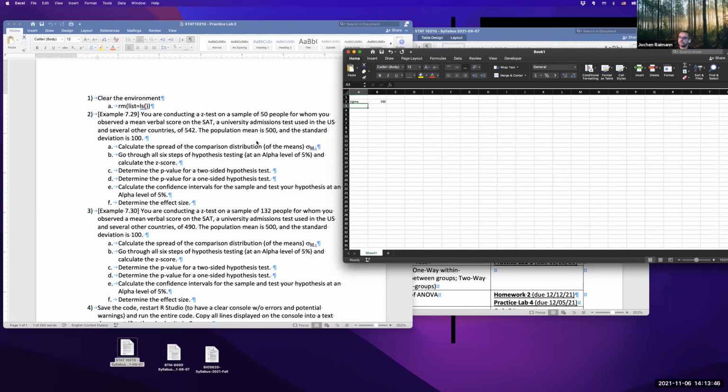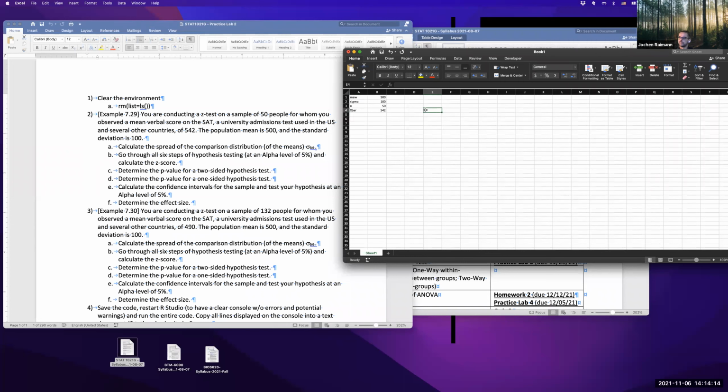So you have a sigma of 100. You have an N of 50. You have an X bar, which we discussed. And you have a population mean, this is the mu, of 500. And you have an X bar of 542. So how are you going to calculate that?